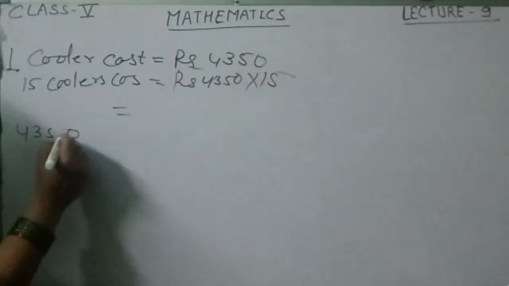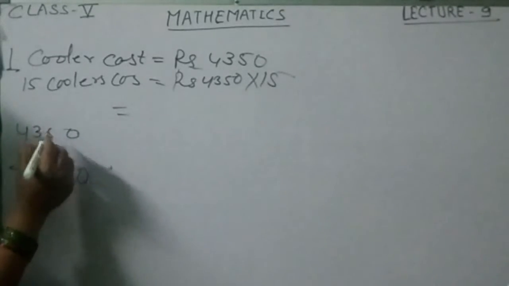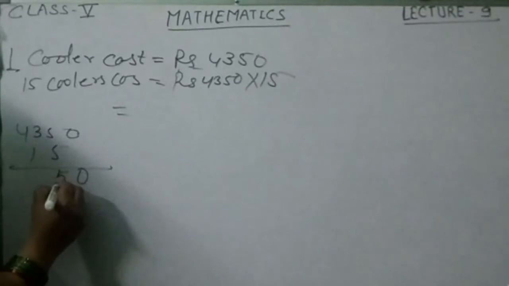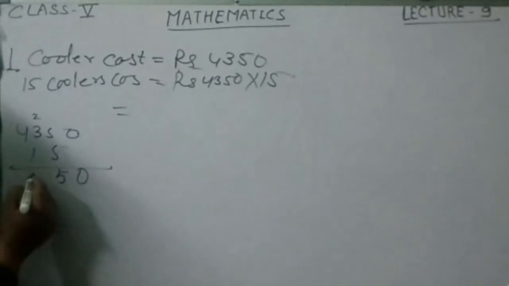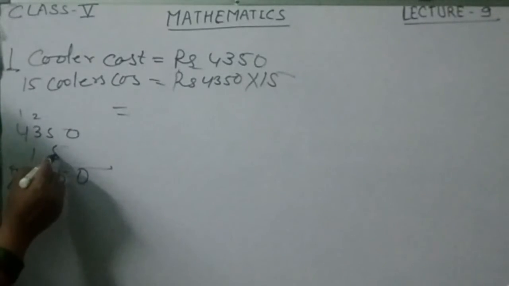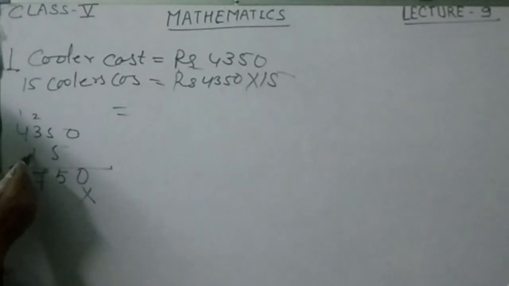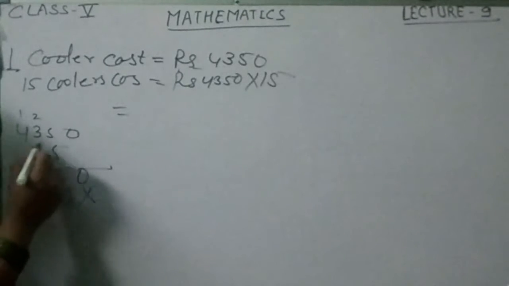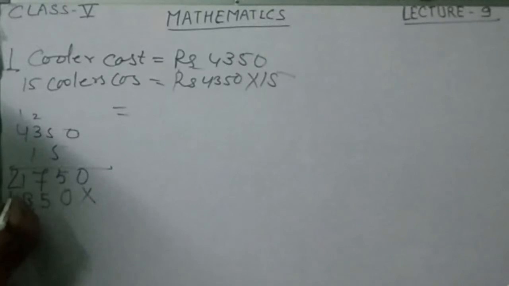Here 5 zeros are 0, 5 fives are 25, write 5 and carry 2, 5 threes are 15 plus 2 is 17, write 7, 1 is carry again, 5 fours are 20, 20 plus 1 is 21. And what I told you: after multiplying once, you have to put the cross mark, and then you start. 1 zeros are 0, 1 fives are 5, 1 threes are 3, 1 fours are 4.